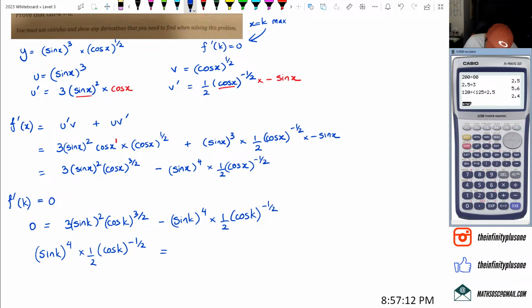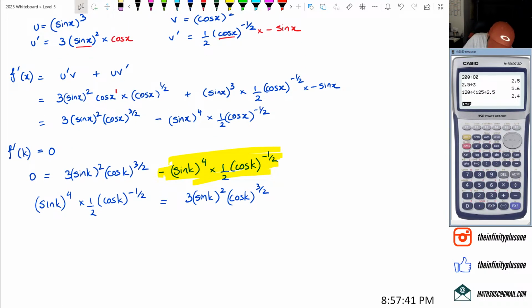It is equal to 3 sine k squared cos k to the power of 3 over 2. This is actually not bad. So are you guys okay with what I've done here? I've just brought that whole minus thing across to the left-hand side, and by moving it to the left-hand side, it gets rid of the minus and it becomes positive.